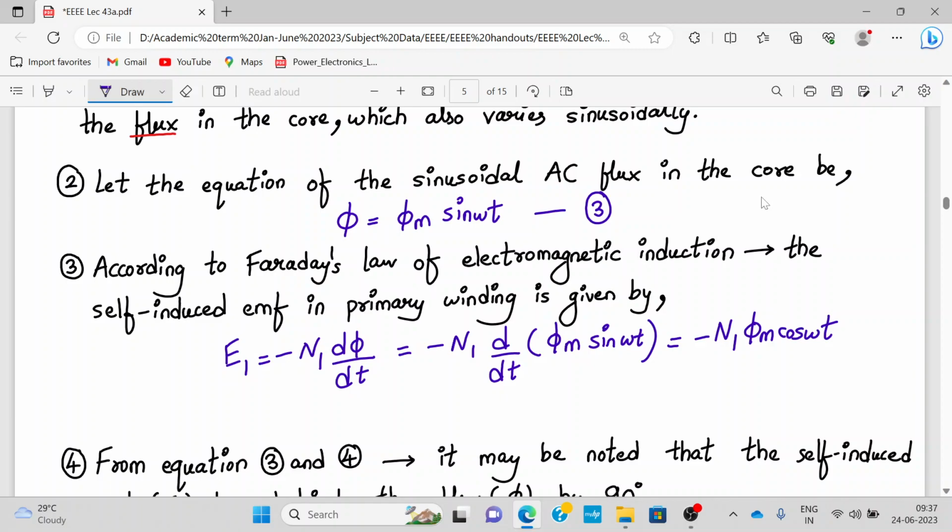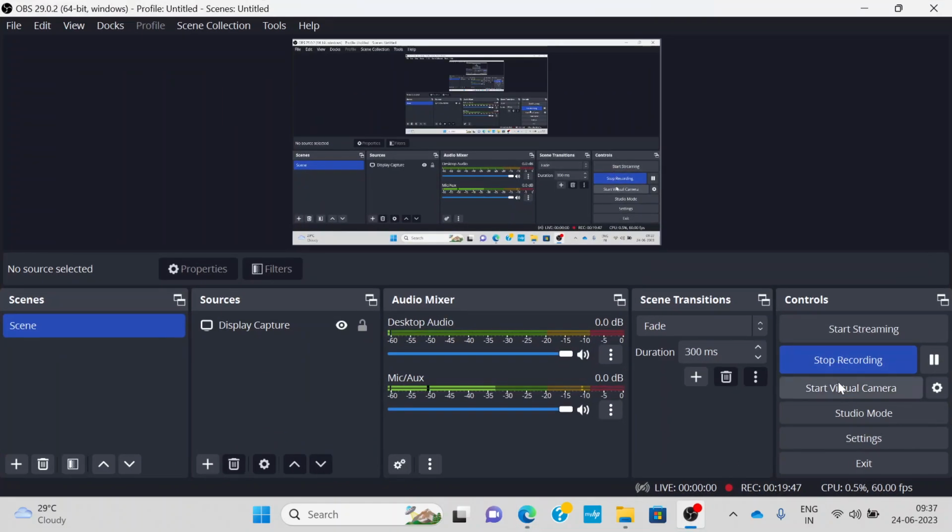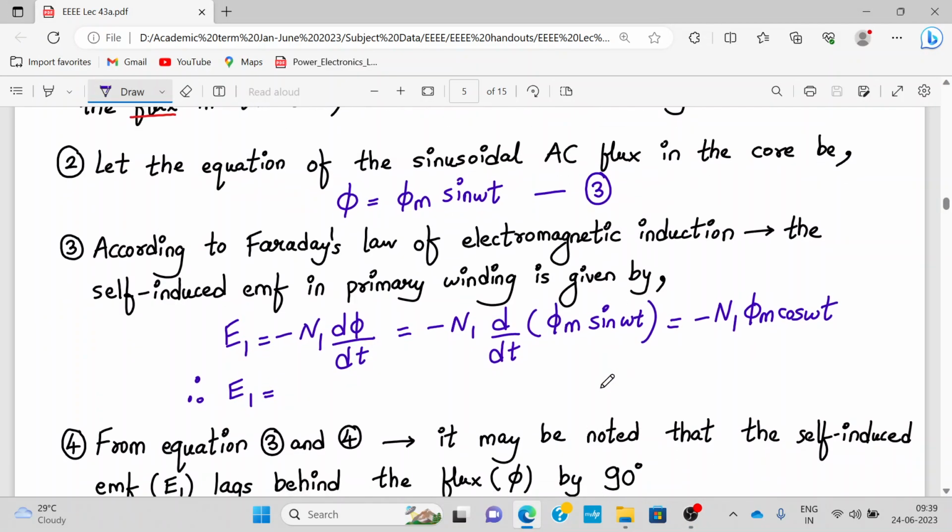Is this clear to you? Therefore E1 is equal to minus N1 phi m cos omega t.